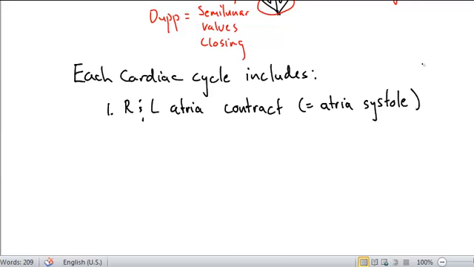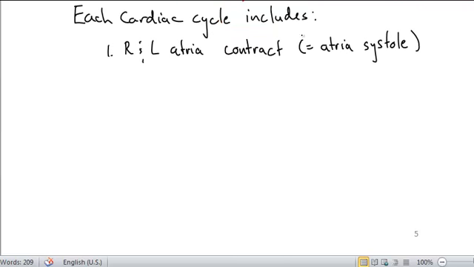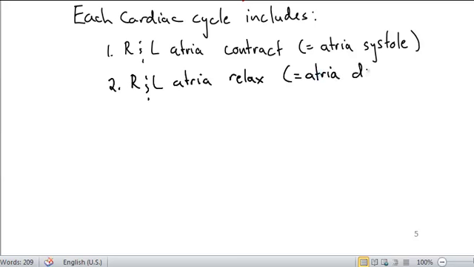I'm not going to say the E's. So systole means to contract, and first the atria contract together, and then the right and left atria relax. And this is called atria diastole.